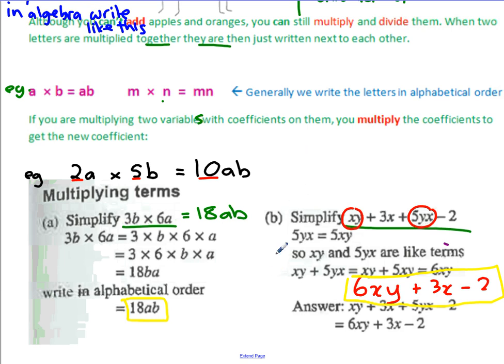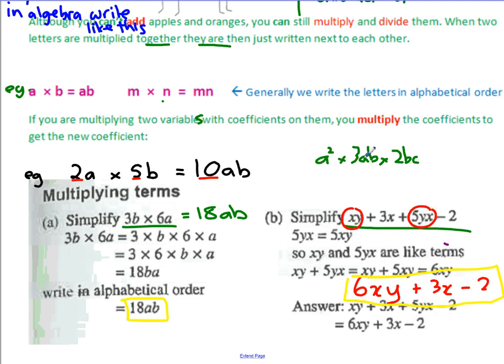Could do a different example. If you did something like a squared multiplied by 3ab multiplied by 2bc, what would you get? Try to multiply the coefficients together first. That's a 1.